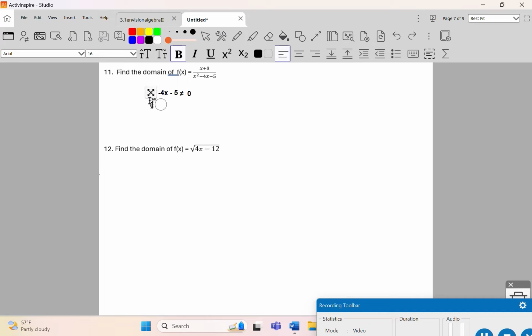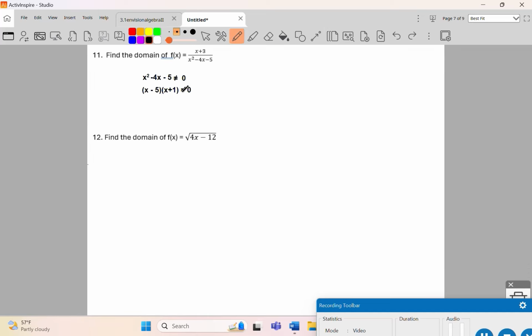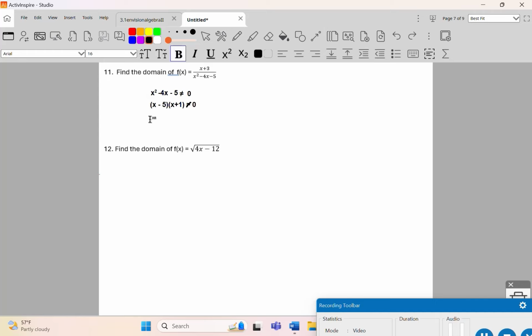And then we're going to factor. That factors to x minus 5 times x plus 1. And again, it will not be 0. Okay, let's just use the equality symbol here. I'll just strike through it by hand. And using your not 0 product property, x is not 5 and x is not negative 1.